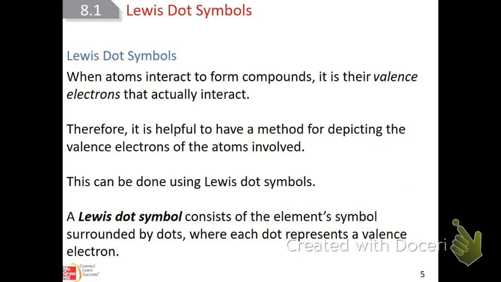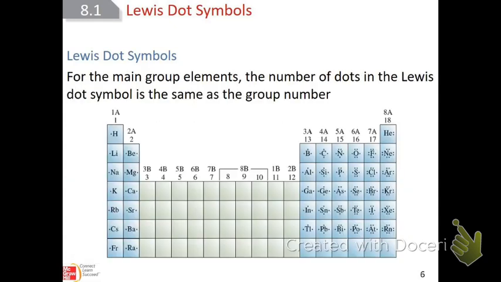Alright, so this periodic table shows you the electron dot symbols for your representative elements. And remember what a representative element is. A representative element is one whose outer electrons are in the s or the p orbitals.